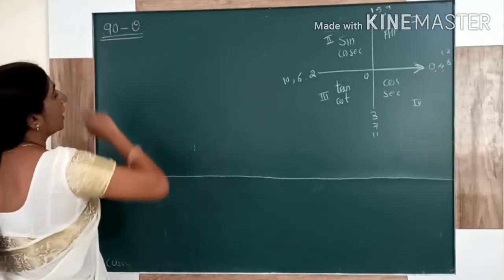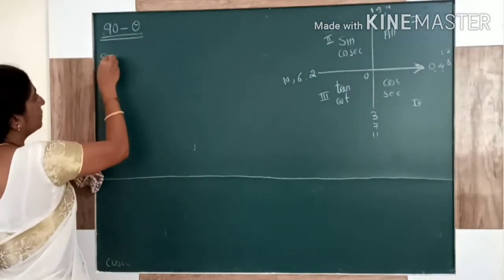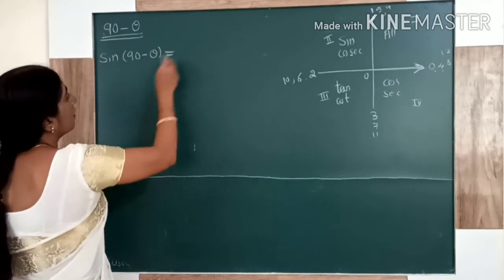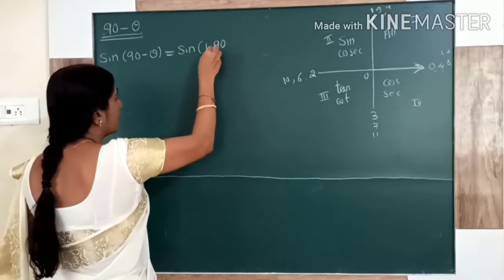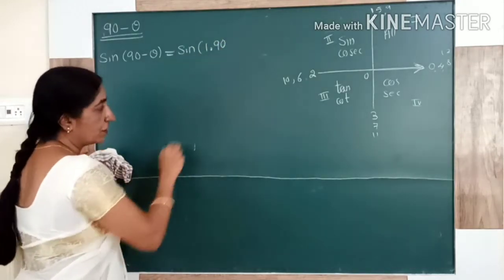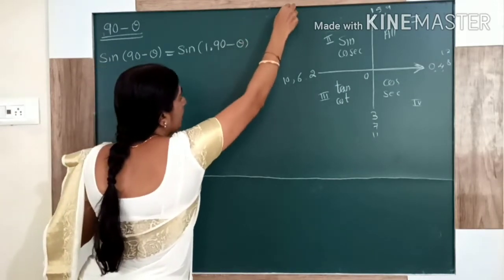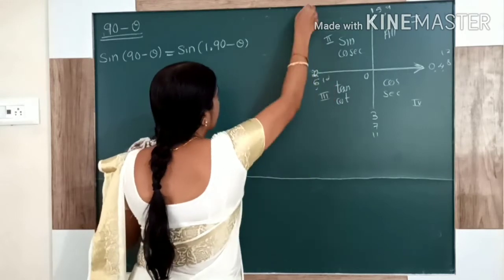Now I am explaining 90 minus theta. How to write the allied angle 90 minus theta without confusion. 90 minus theta. So how do you split this? We are splitting it as 1 into 90. Remember it is not a dot multiplication. 1 into 90 minus theta. Now tell me what is the coefficient of 90 degree?